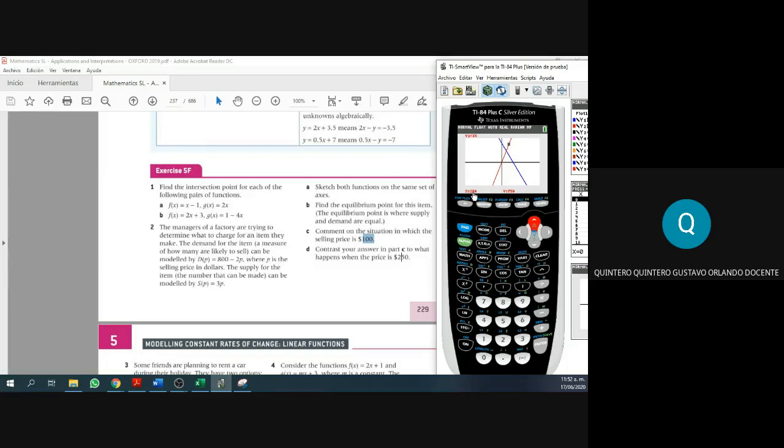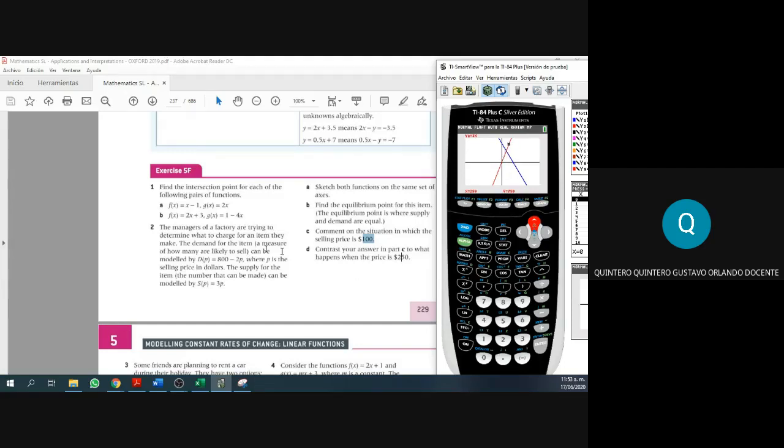With that same amount per item, we can make 750 items. That means the supply is higher than the demand. That is the idea behind supply and demand. We have a lower part and an upper part, and we have an equilibrium.